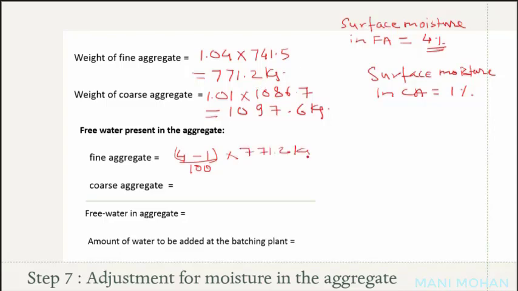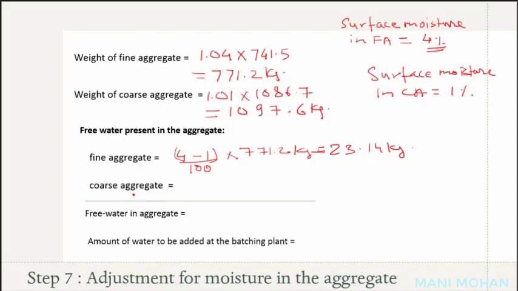You are subtracting the absorption capacity from the surface moisture, because when I subtract both, you get the free water present in the aggregate. This comes out to be 23.14 kg. So in fine aggregate, the free water present is 23.14 kg.